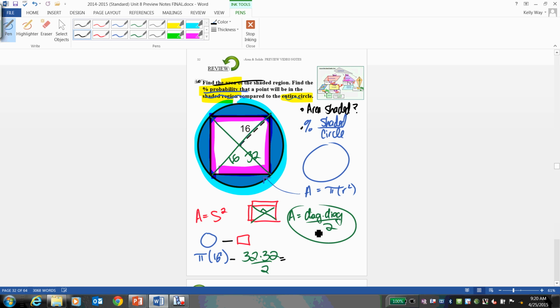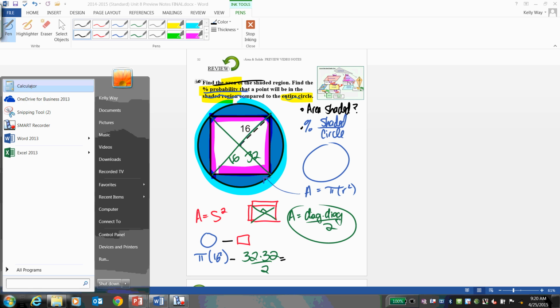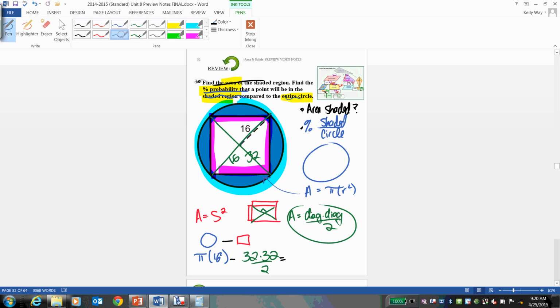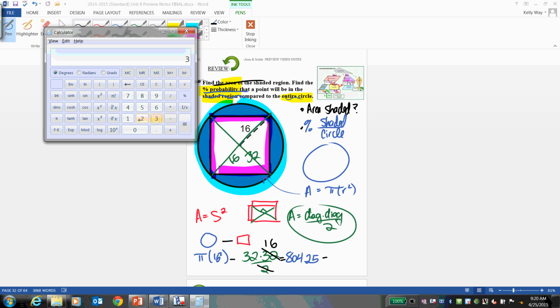Okay, to find the area of the shaded region, you need to get that down to a decimal. So it's 16 squared times the pi key, 804.25. Minus, that's 2 goes into 32 16 times.